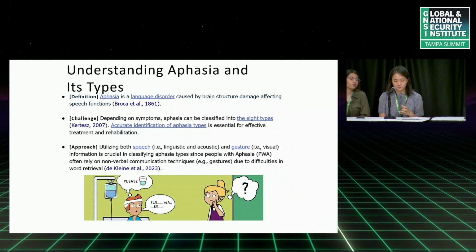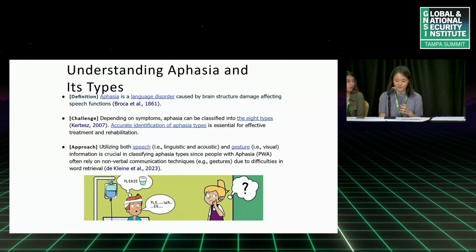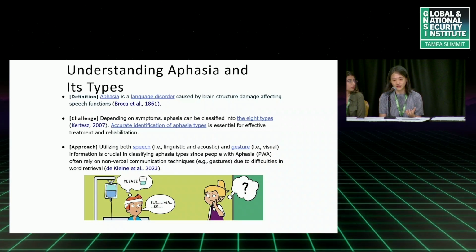Since people with aphasia often rely on nonverbal communication techniques like gestures to support their difficulties in word retrieval, we propose that utilizing both speech and gesture information is crucial in aphasia type detection.